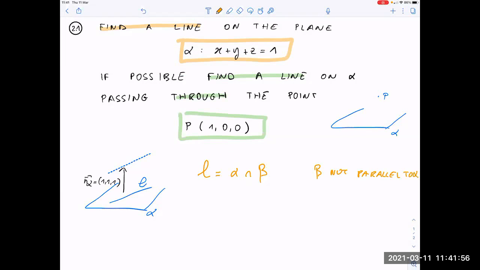Any choice of a plane not parallel to alpha will give me a line lying on plane alpha through the intersection. So just take any plane beta not parallel to alpha. Can you suggest to me a plane not parallel to alpha?